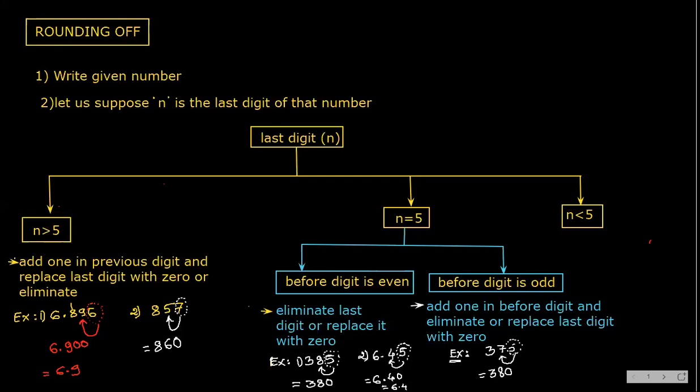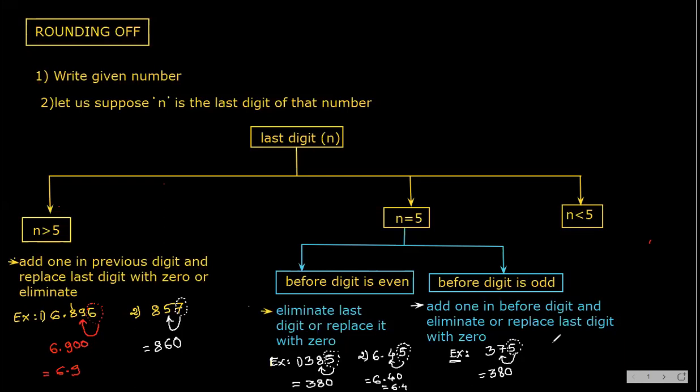In case of 5, if the before digit is odd, then we have to make it even. Beyond 5 means we go to 8. Even 5 and beyond 5, we will go to 8. Below 5 means we will go to 7 only. Understand?